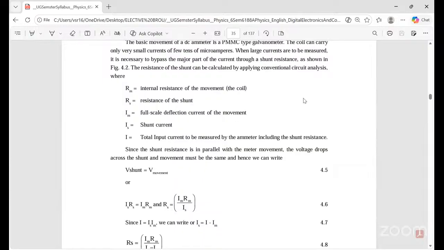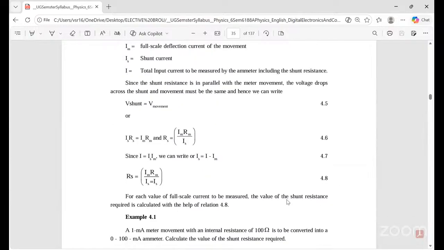So the formula: the shunt resistance is in parallel with the microammeter, so the voltage drop across the shunt and movement must be the same. In this particular case, V shunt equals V movement. You know pretty well according to Ohm's law, V equals IR. So VM equals V shunt equals ISRS, and VM equals IMRM. Hence RS equals IMRM by IS.